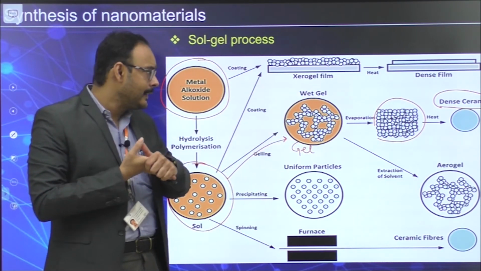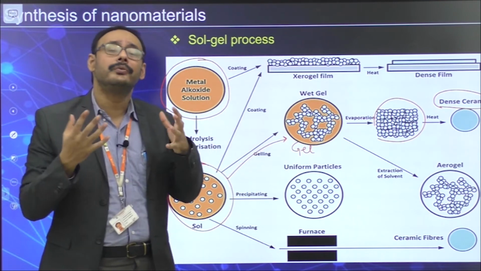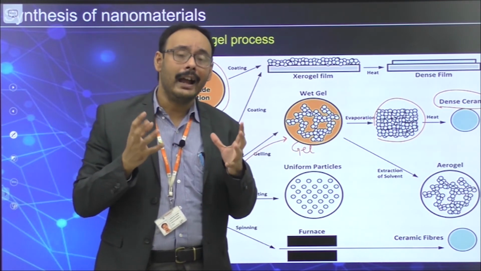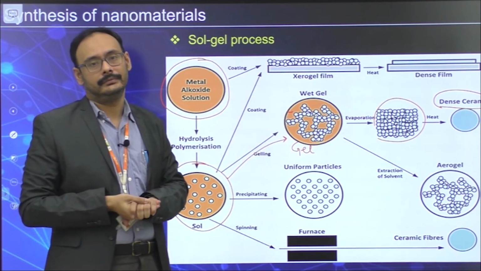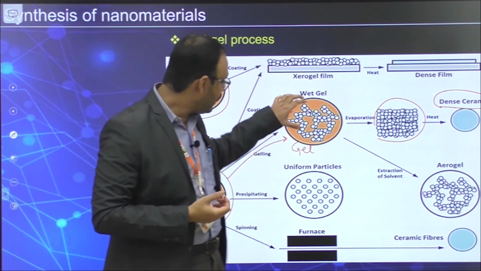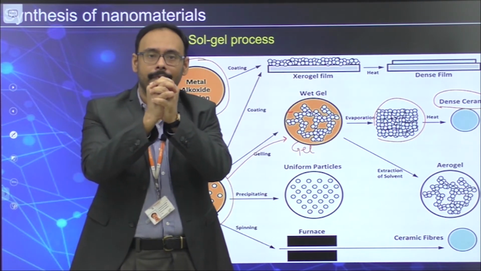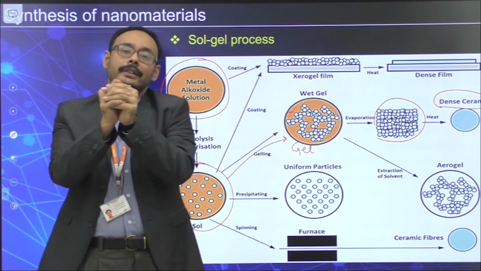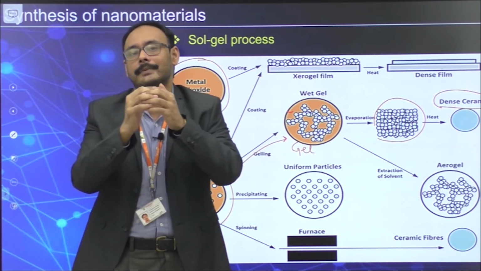But let's say while taking the solvent out, you find a procedure where you are not collapsing this structure. Once you take the solvent out, in general these structures will collapse. Now let's say you found a procedure by which you take the solvents out, but the structures do not collapse.